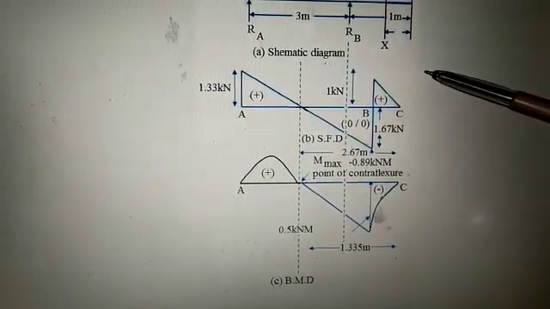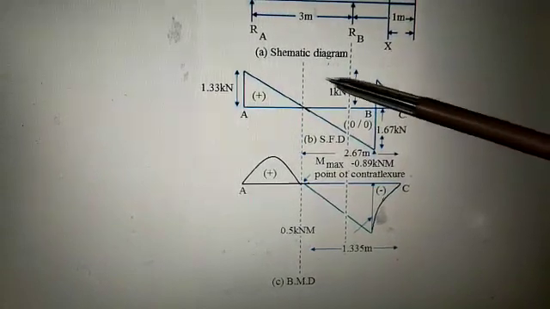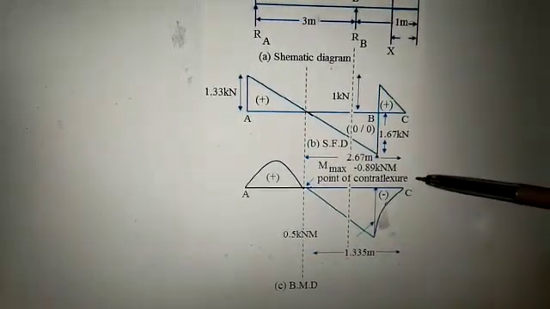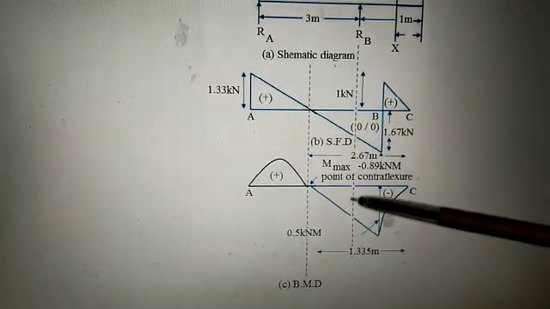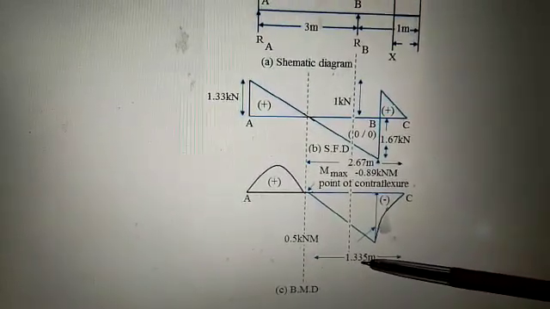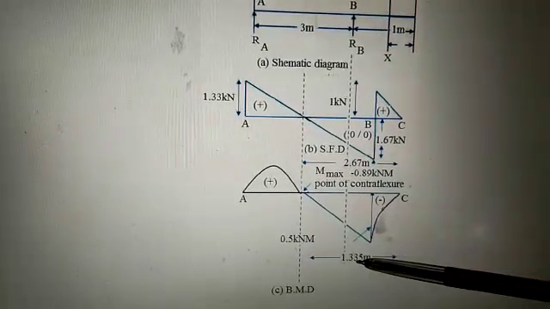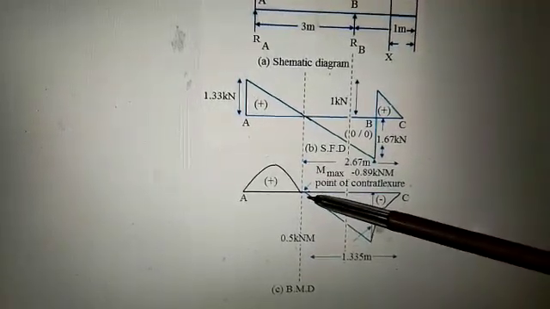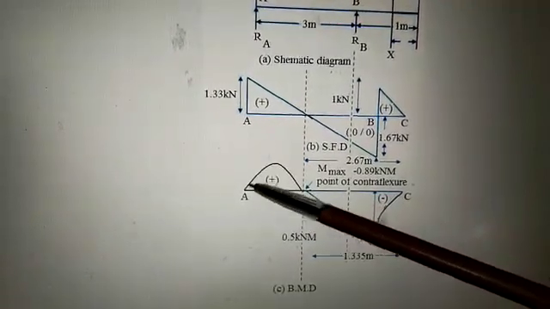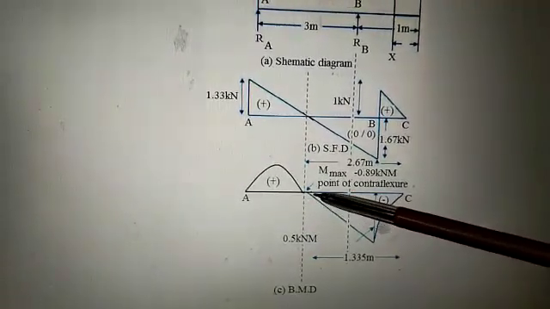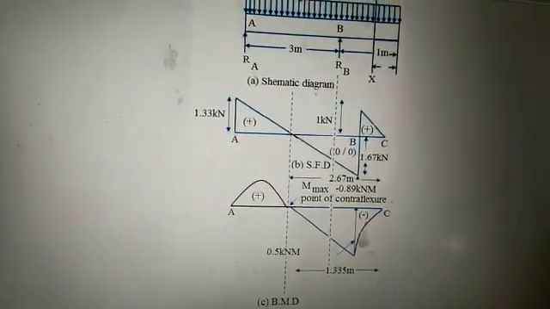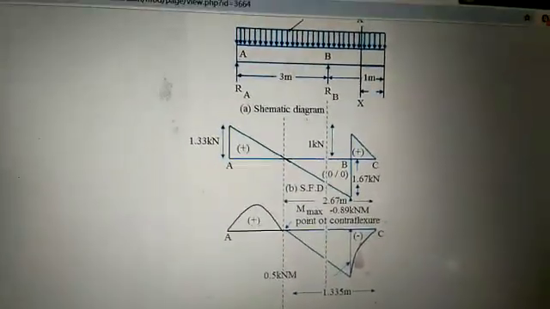Then between the point of contraflexure and this, the amount we have obtained is 1.33, which is kept here. 1.33 is where we obtained the point of contraflexure. Then from this point, we obtained the bending moment diagram as this, whose value is also calculated. So this is the bending moment diagram for the overhang beam.